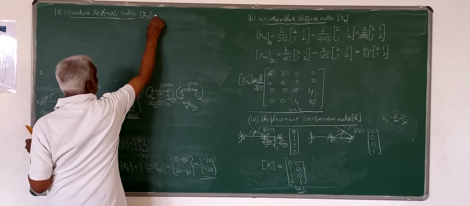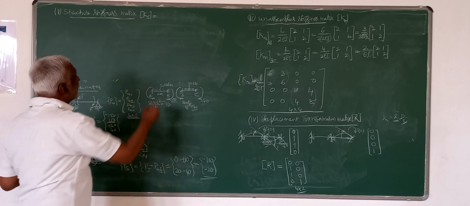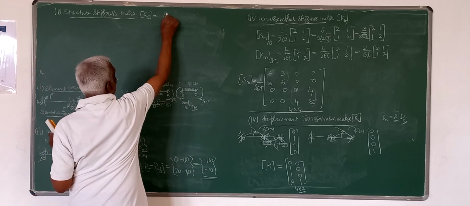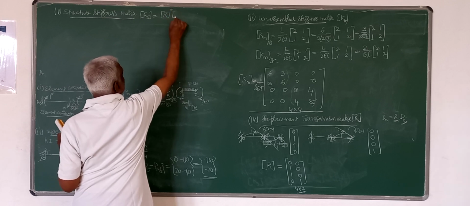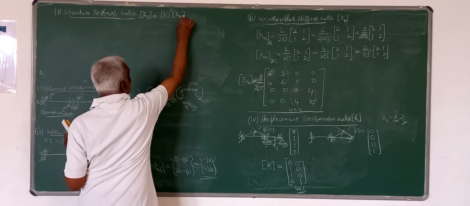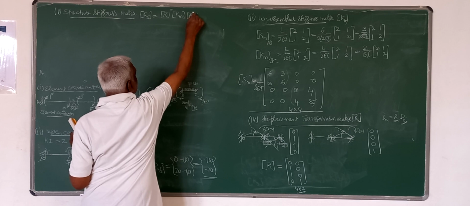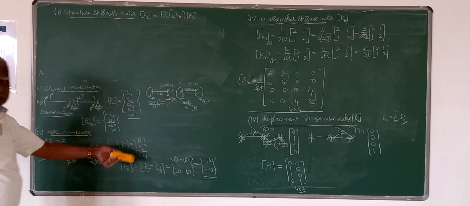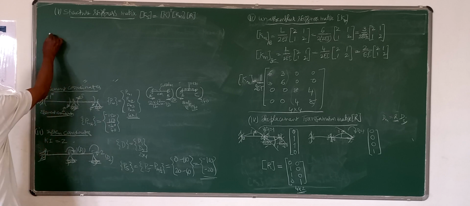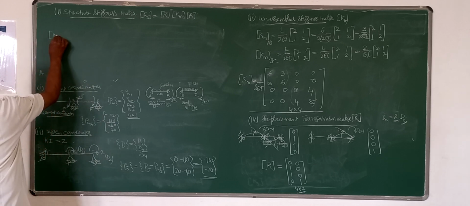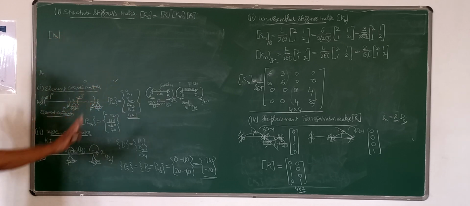So just now, using that principle of contragredience, I derived the formula KS is given by R transpose into KM into R. That's what I have derived in the previous steps. So that formula I have to use and you have to calculate this structure stiffness matrix. It's only matrix operations, nothing other than that.